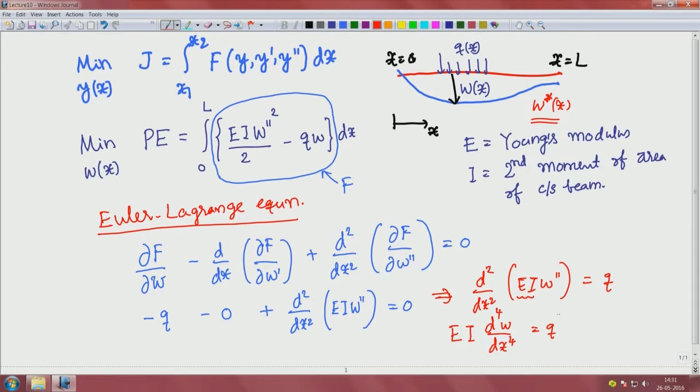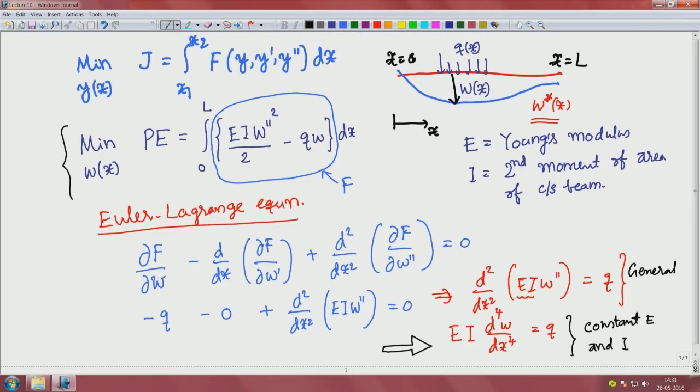This is for the general case, where E and I vary with x, and this one is for constant E and second moment of area I. This is a familiar relationship for us from the Euler-Bernoulli beam theory, which we got from minimization of potential energy.